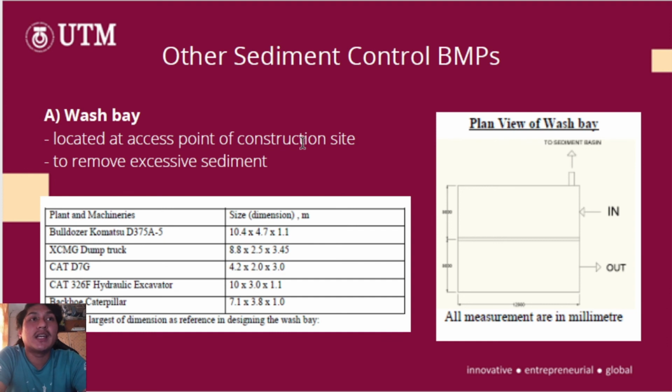First, we list out the dimensions of plant and machinery that will be used in our development project. We take the largest dimension of the plant and machinery as reference to design. The wash bay has two lanes, for in and out, and the water of the wash bay will flow to the sediment basin.